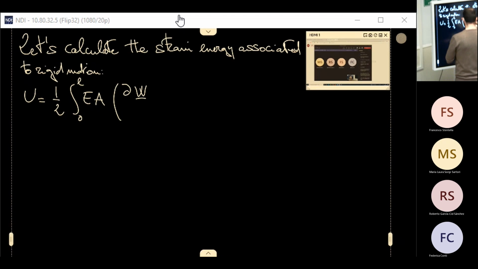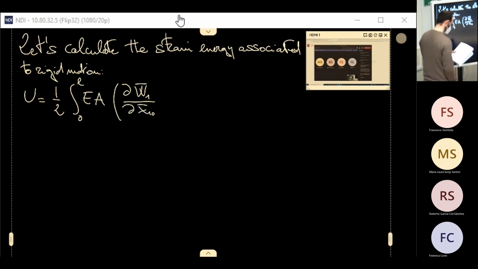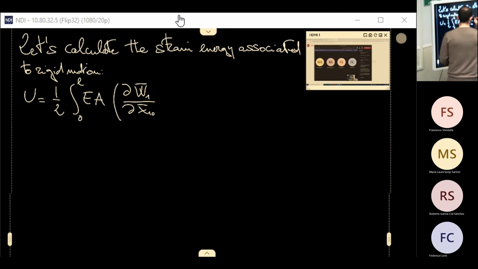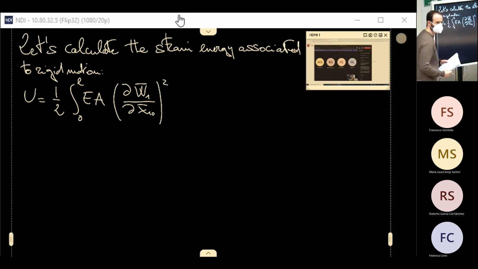Squared. This one inside the parentheses is the axial deformation. This would be epsilon xx, epsilon xx squared.